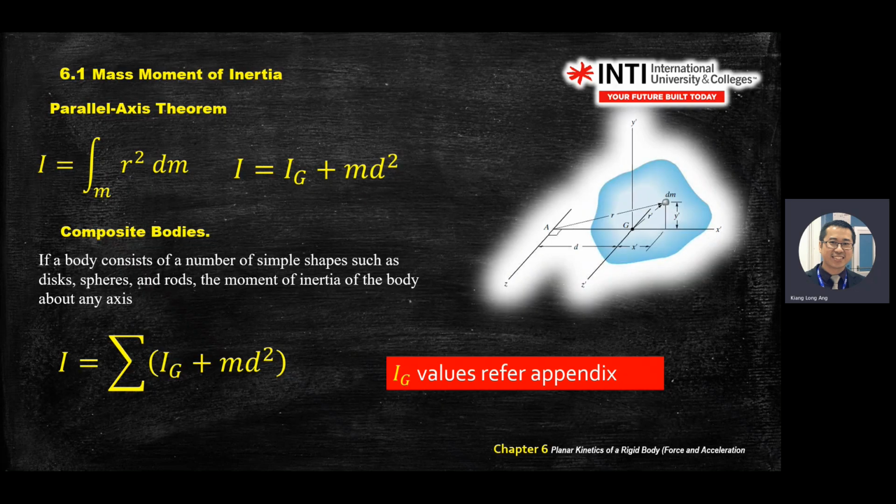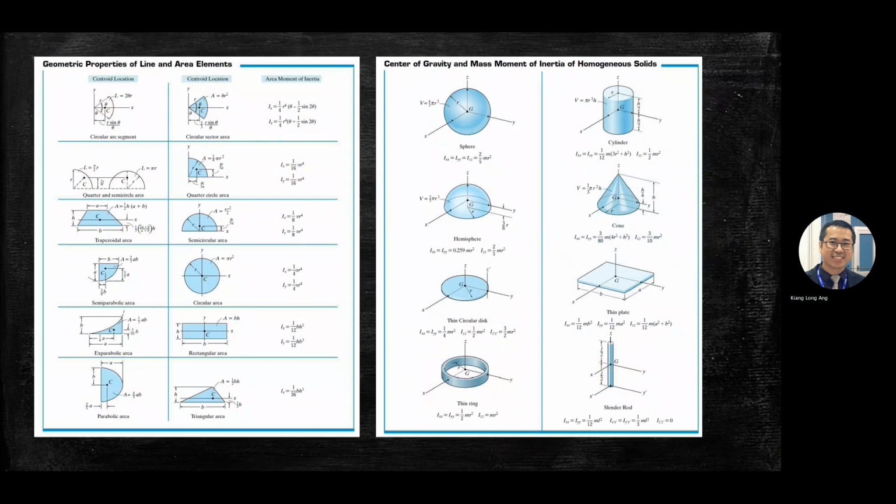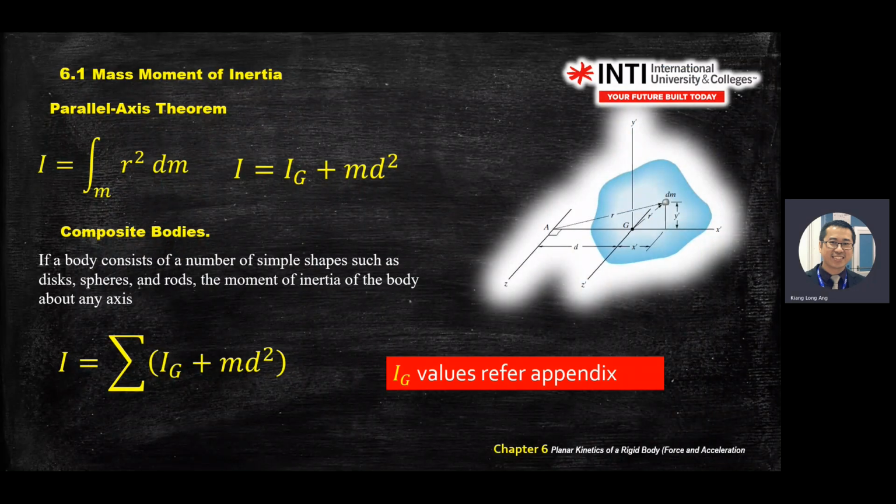The only equation you need to memorize is this one. I equal to Ig plus Md squared. The table, all these values here, center of gravity and mass moment of inertia of homogeneous solid, you read from the table.